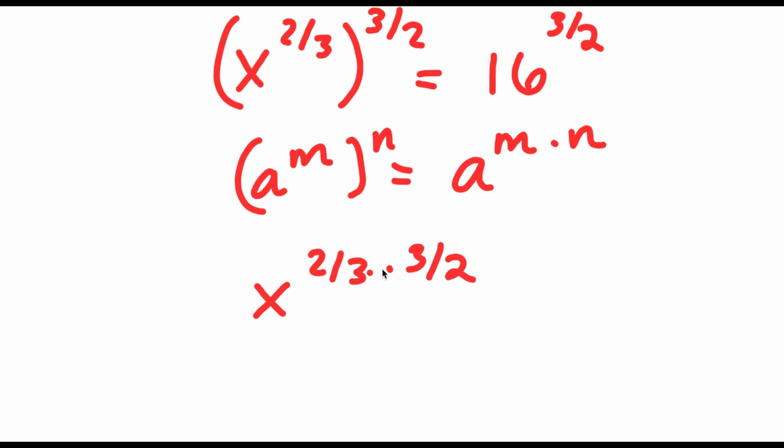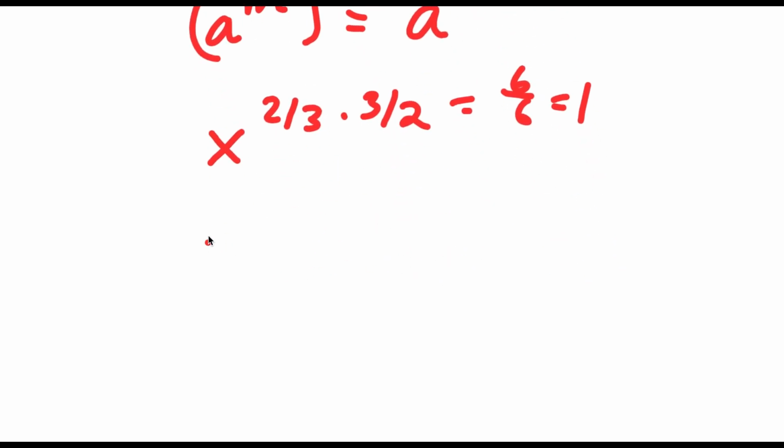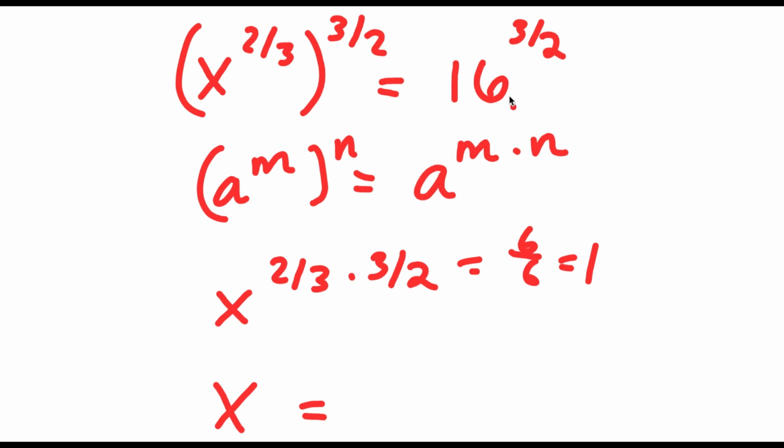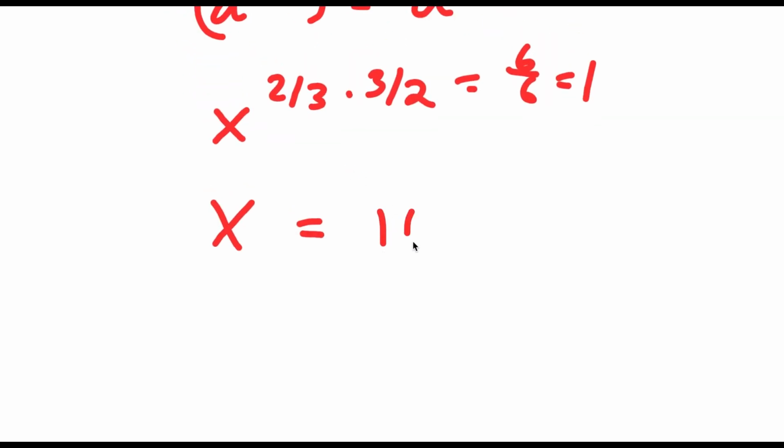And 2 over 3 and 3 over 2 are actually reciprocals, meaning that the numerator and the denominator are switched. So if you multiply two reciprocals, you actually get 1, always. And over here we have 2 times 3, which is 6, over 3 times 2, which is 6, which is equal to 1. So I'm left with x is equal to 16 to the power of 3 over 2.